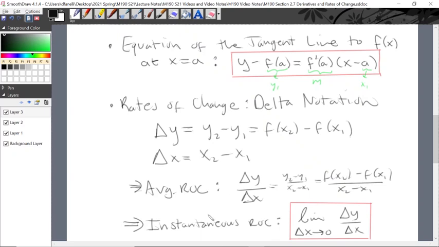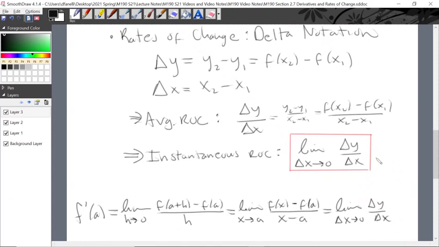Now, in terms of the instantaneous rate of change then, okay, back to the derivative. This is another way we can write that we are taking the derivative of a function at a fixed point. And generally speaking, we're going to use this notation when it is x1 where the fixed point is located. That way it is consistent with our other definitions of the derivative that we've been using, right? Previously we were using that the second value in the denominator was a. That was the fixed value. And the limit was x approaching a.